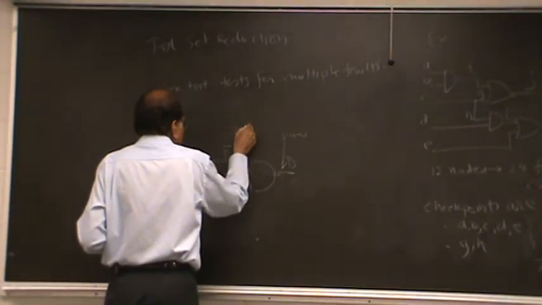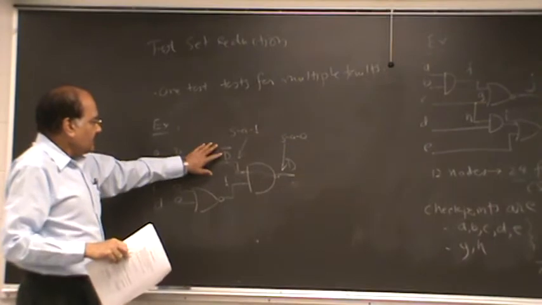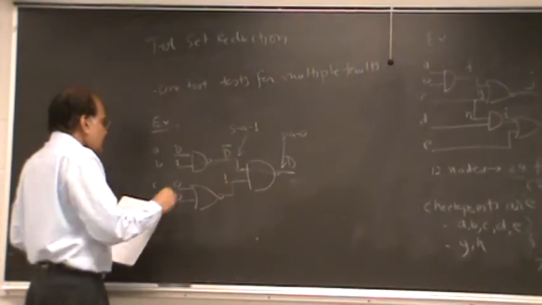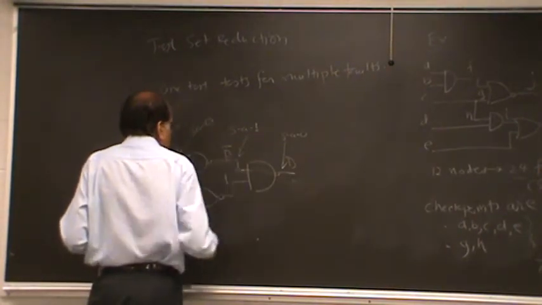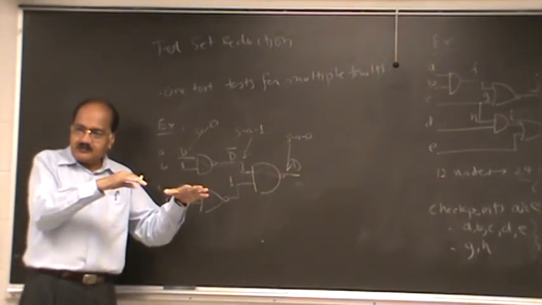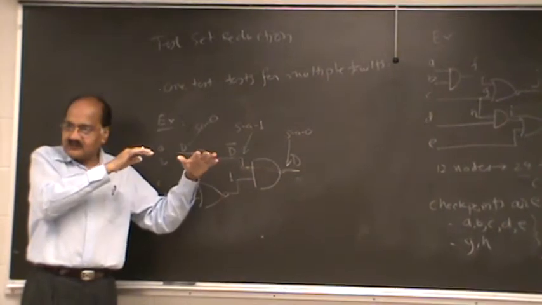And you will test for a stuck at 1 here. This is normally 0, and in case of a fault 1. And you will test for a stuck at 0 here. So along a sensitized path, you are going to test for half of the stuck faults.